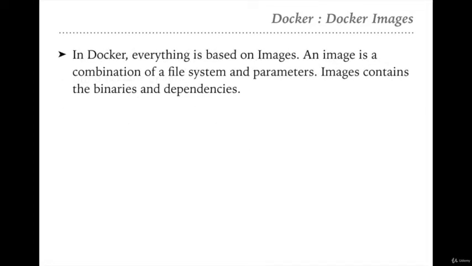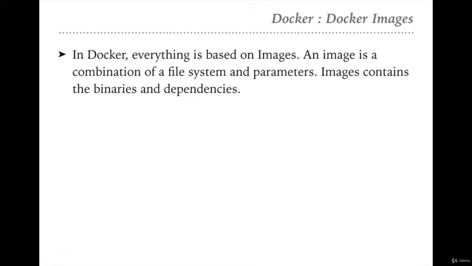In very simple, layman terms, we can define that in Docker everything is based on images. An image is a combination of a file system and parameters. So when we are talking about an image, we are talking about the file system and the parameters that image will accept when you execute it. Suppose you are working on an application and you want to create the Docker image of it.